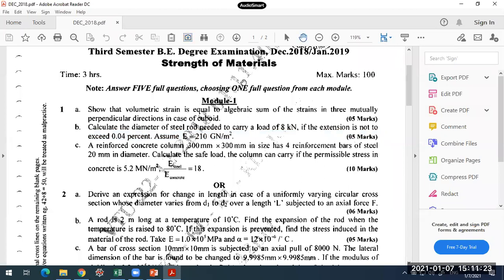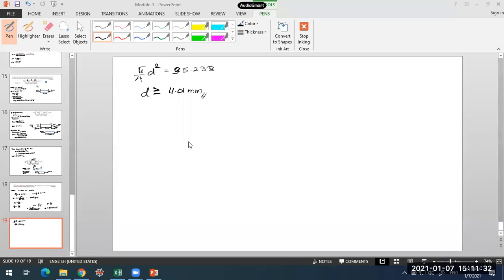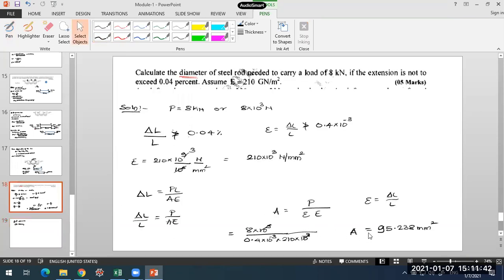We'll finish at this point, if any doubts are not there. Sir, how did you calculate the diameter? Rearrange this. We require D. D is unknown. See, area we got it here. Area is 95.238 from this. It is given that it is a circular bar.